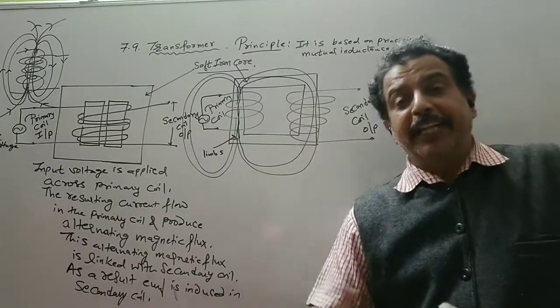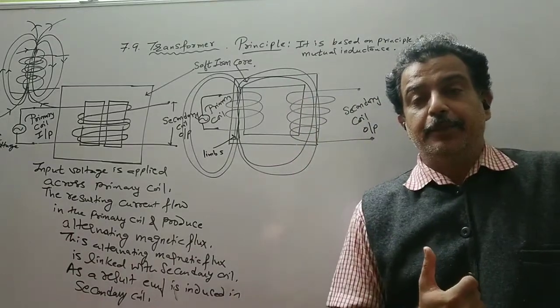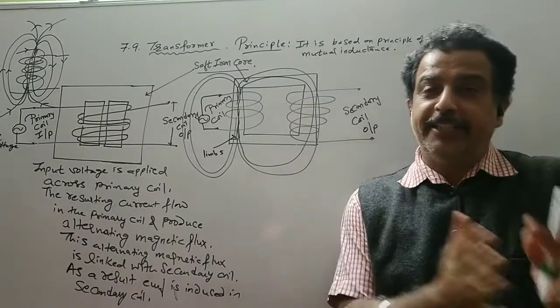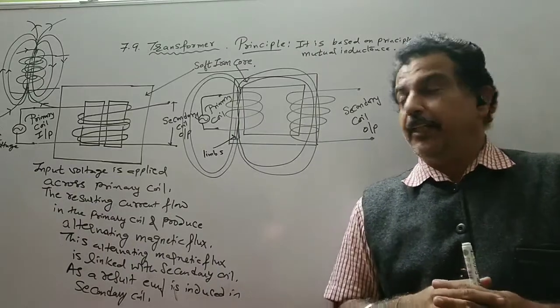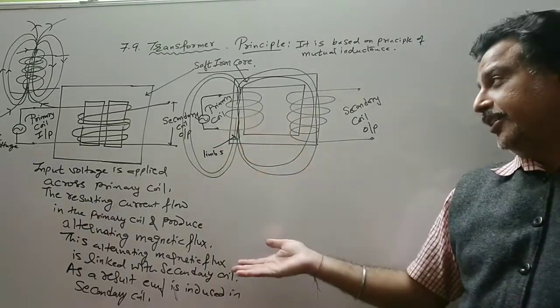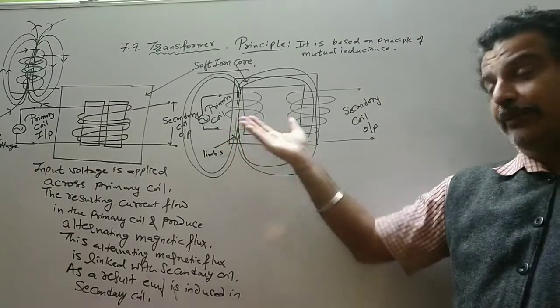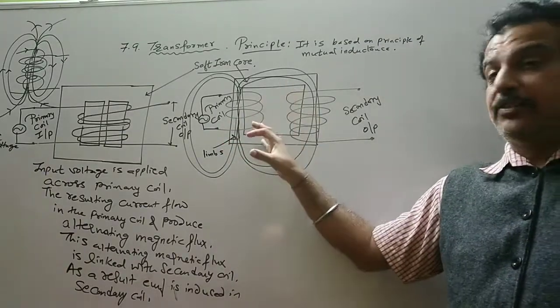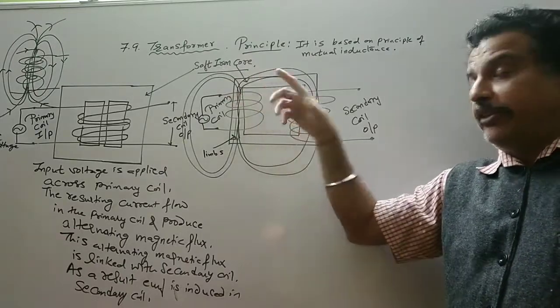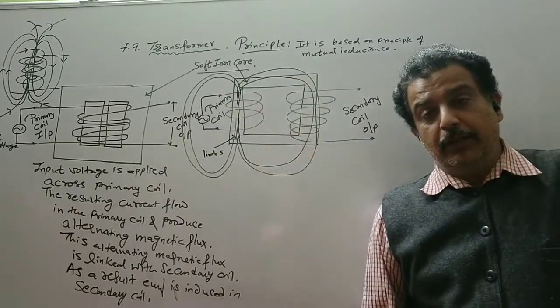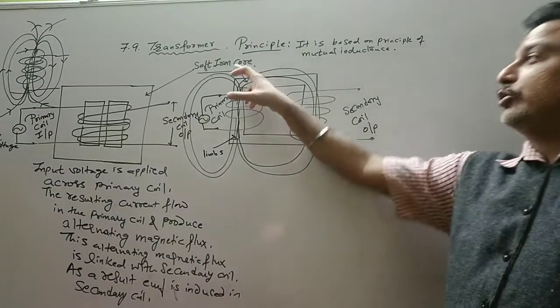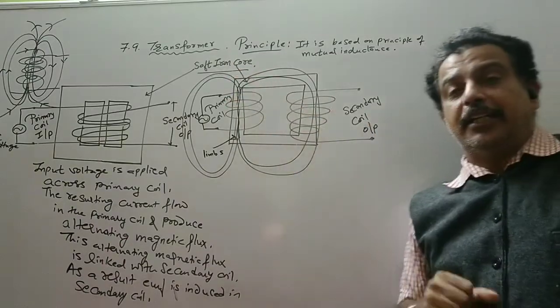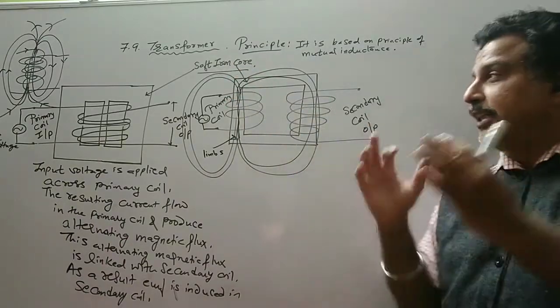It gets magnetized immediately, as well as it gets demagnetized immediately. So as soon as the current rises in the primary coil, it produces the alternating magnetic flux, and all the dipoles, if we talk at a microscopic level, of the soft iron will get aligned in the direction of the field.